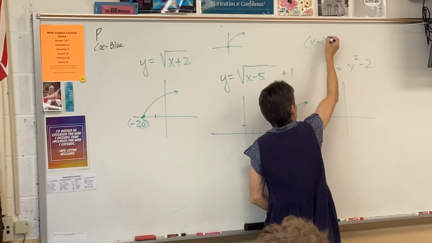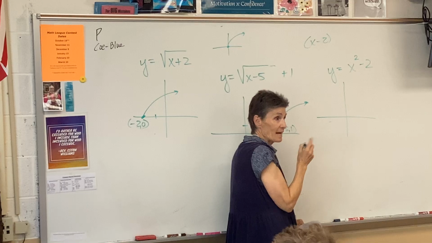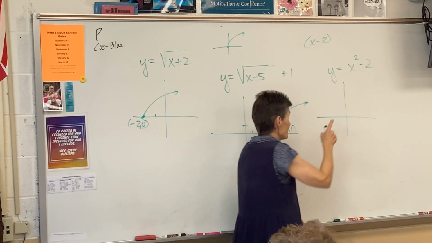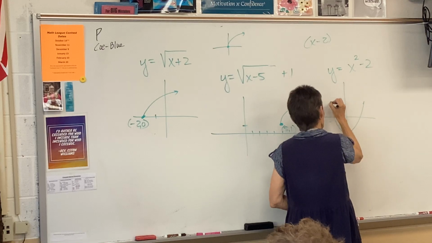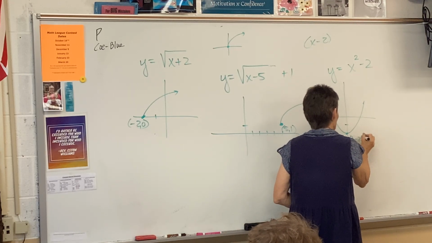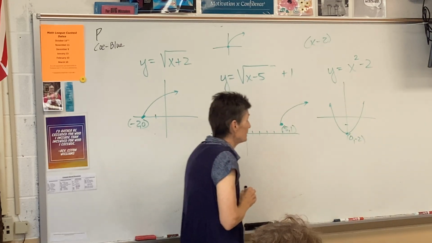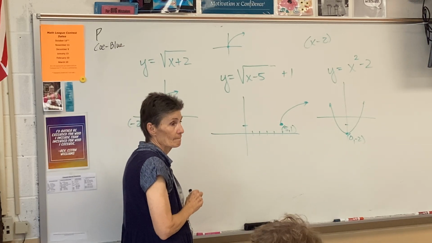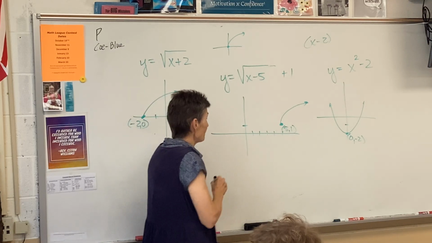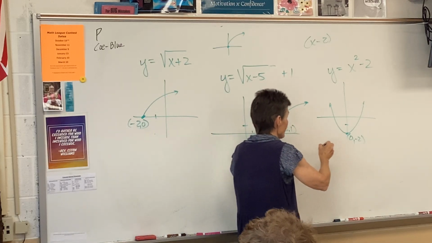Wouldn't that 2 be inside the parentheses? That's a left and right. This is down 2. So it's my same old parabola, but it's situated down 2. Get in the habit, kids, of labeling your starting point.